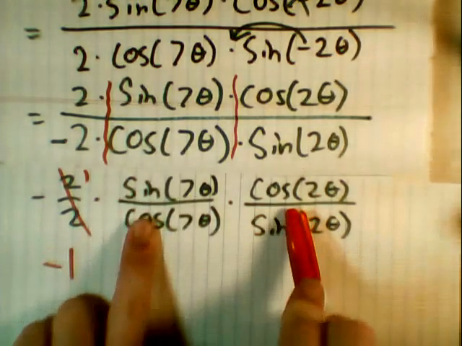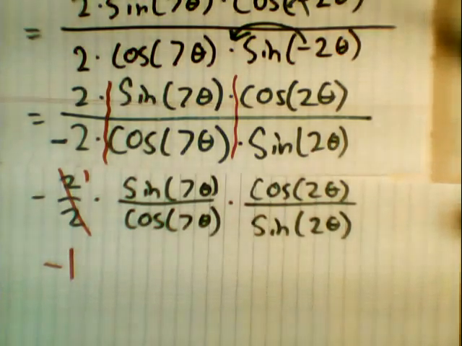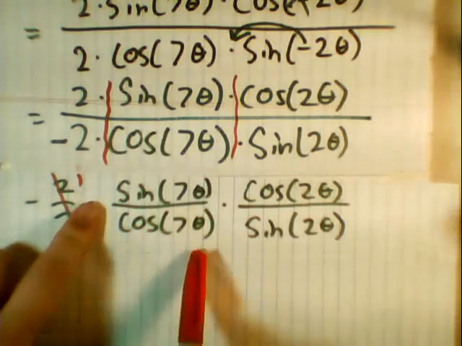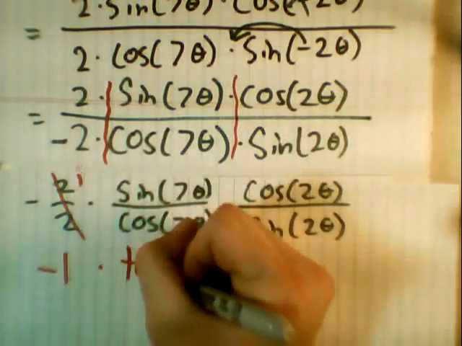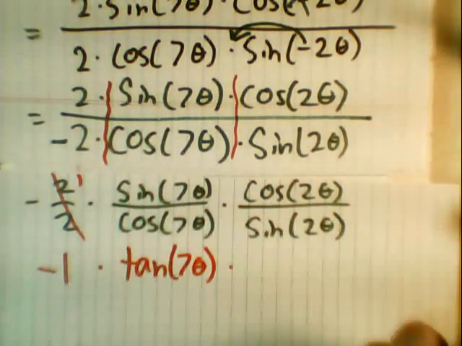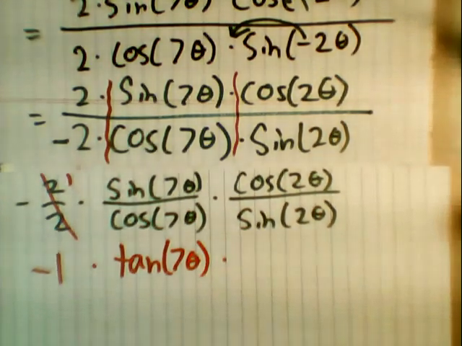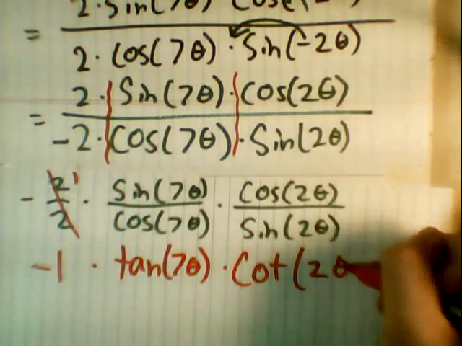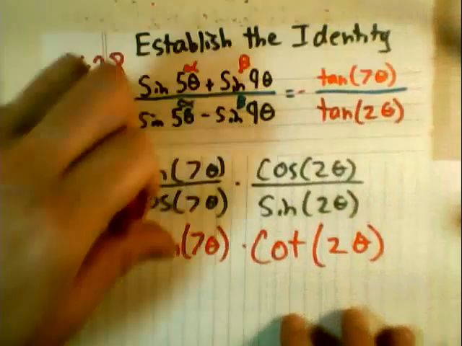Now let's convert these into another trigonometric function. When you have sine over cosine, that's actually equal to tangent. So sine of 7 theta divided by cosine of 7 theta is equal to tangent of 7 theta. Then this one is basically tangent flipped. What's tangent flipped, you ask? Cotangent. And then we just keep the inners, 2 theta. Now you're probably like, Josh, that's not what we want.